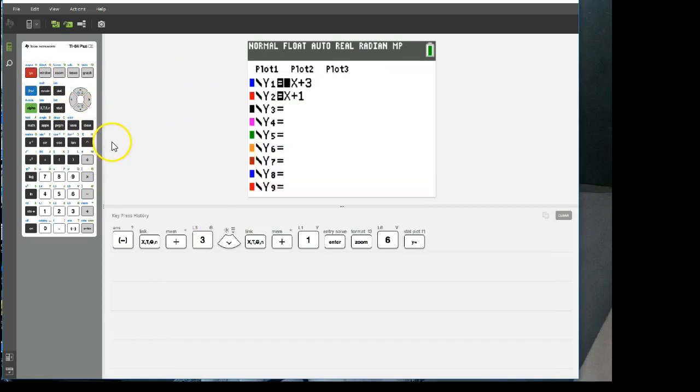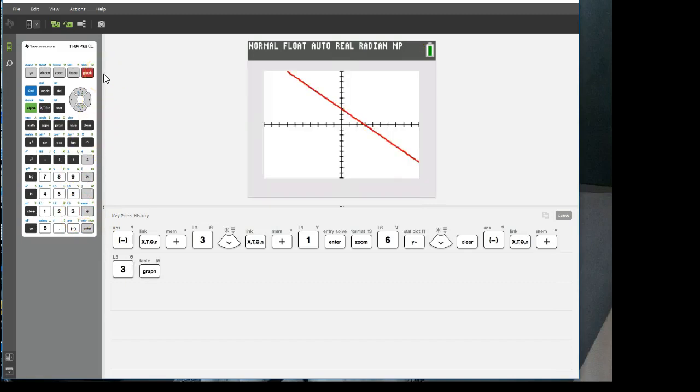So I want to enter these two equations into my y equals screen. And you know, the fact that I'm entering the same equation should not surprise me that I get the same line for each.